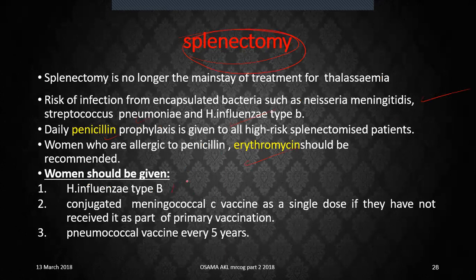Also, Haemophilus influenzae vaccine, meningococcal vaccine, and pneumococcal vaccine should be given, because the spleen is very important in protecting the body against encapsulated organisms like Neisseria, pneumococci, and gonococci.